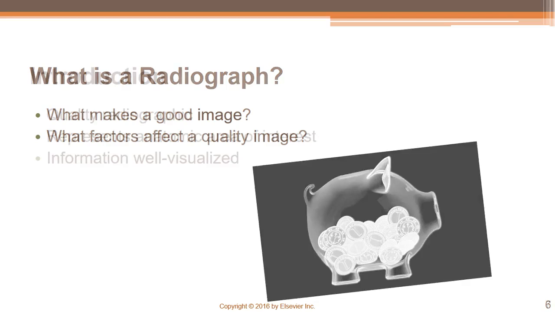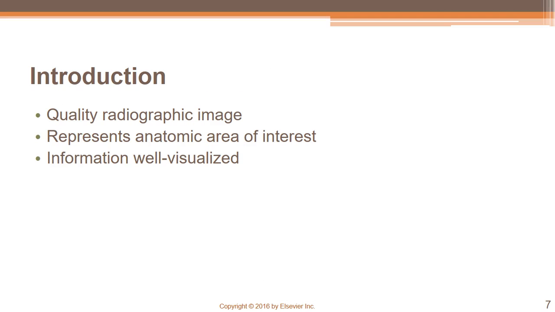So let's get started. When it comes to a quality radiograph, the image accurately represents the anatomic area of interest, and information is well visualized for diagnosis. It is important to identify the characteristics of a quality radiographic image before you can comprehend the factors that affect its quality.